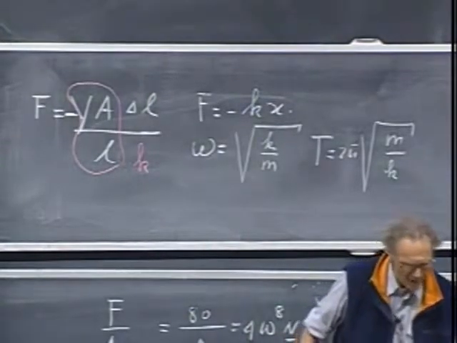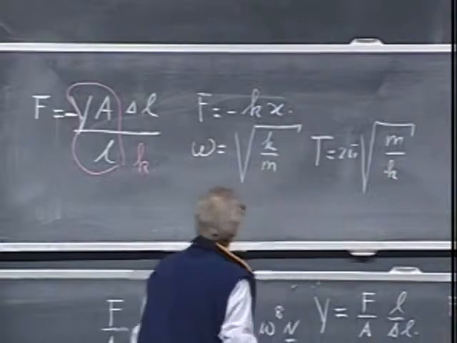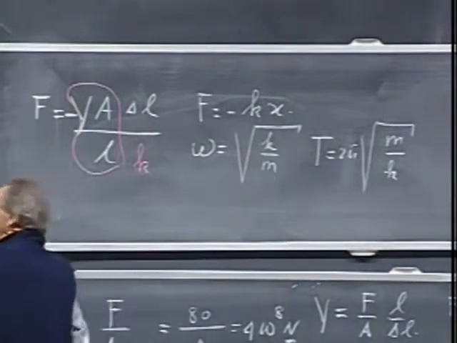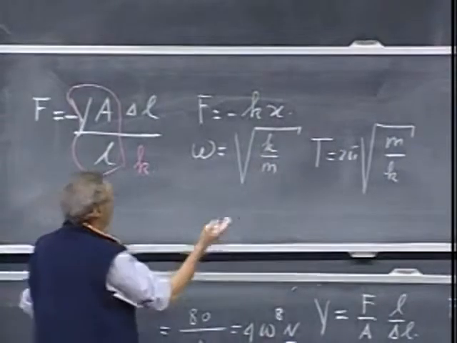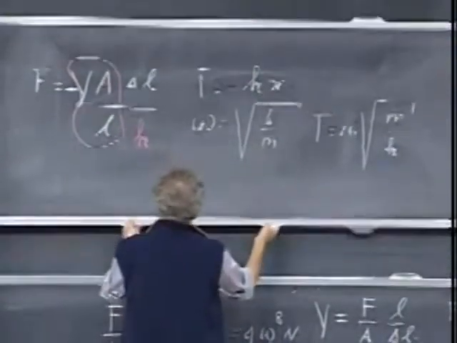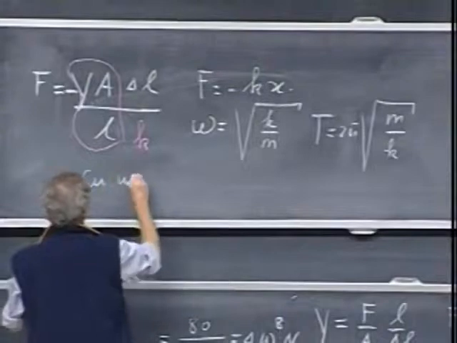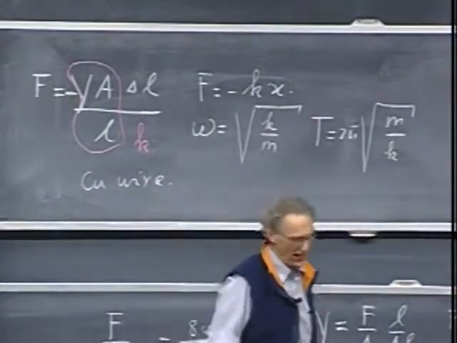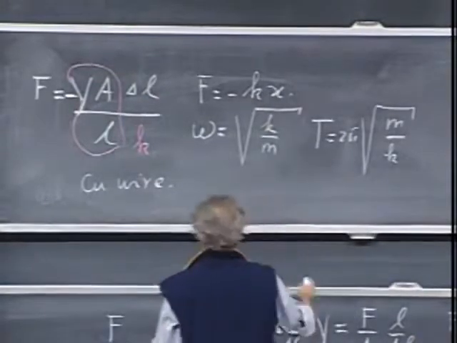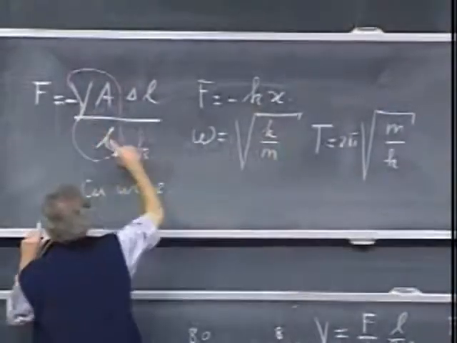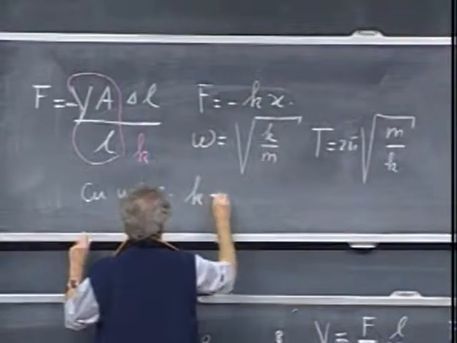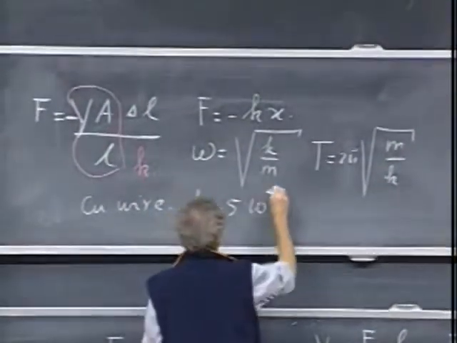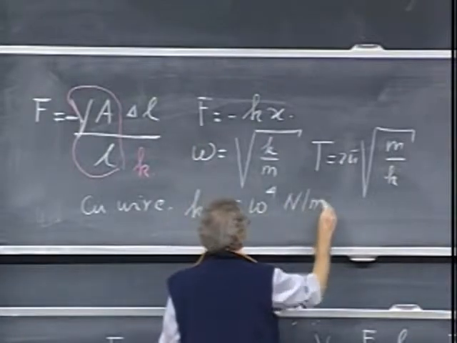If we take our copper wire, we know what Y is. I take the value 11 instead of the one that we found, but it's very close anyhow. So if I take our copper wire, then I will find, depending upon the mass that I hang on it, but I'll find in any case for k, I find 5 times 10 to the 4th newtons per meter.